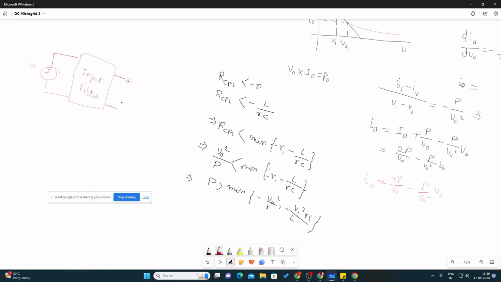So here we have the plus minus VDC. Now what you need to ensure is this. So this is the current IS tilde, and this is IDC tilde.